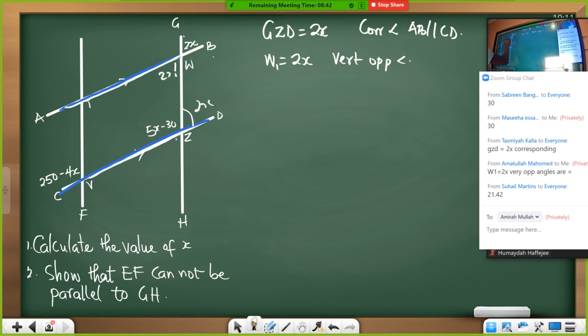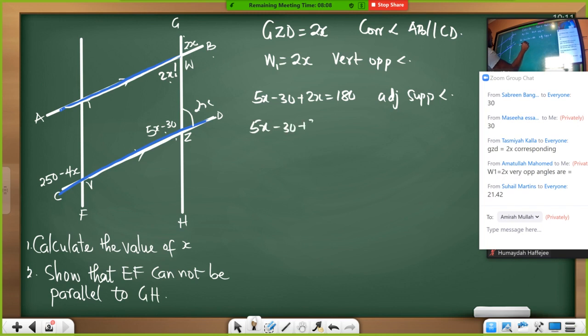So that's another starting point. If you continue with the first one, we can then say 5x minus 30 plus 2x equals 180, which would be adjacent supplementary angles. Or this plus that would give you 180.